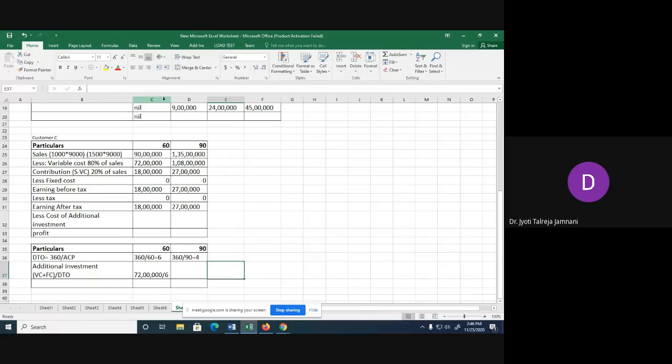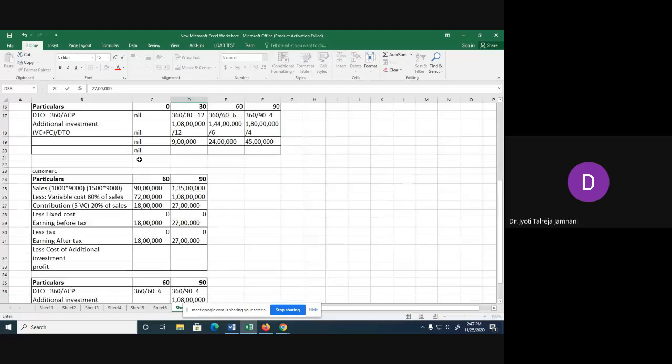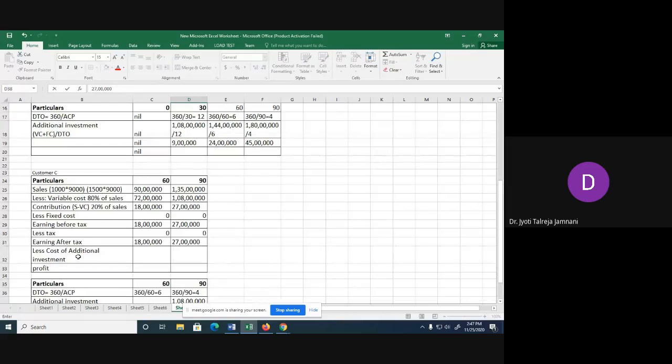So you get 12 lakh as additional investment. In the second case, the variable cost is 1 crore 8 lakhs divided by 4 times the debtors turnover ratio. So you get 27 lakh as additional investment. Now we have to do the cost of additional investment here.